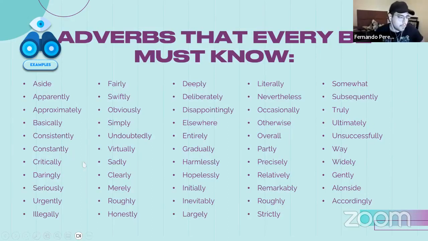For example, when we were talking about how people are very sure about topics that they really don't know about, we can use words like, for example, roughly. Let's use the word roughly in the same sentence.